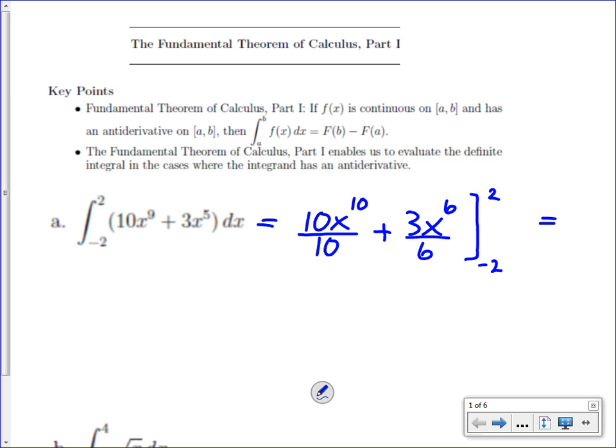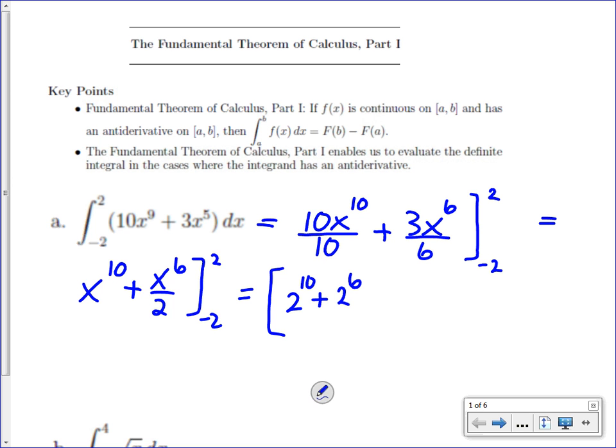Now, before I do that, I'm just going to clean this up a little bit. We're going to have x to the 10th plus x to the 6th over 2 from negative 2 to positive 2. Okay, so then we're going to plug in positive 2 minus, and we're going to plug in negative 2.